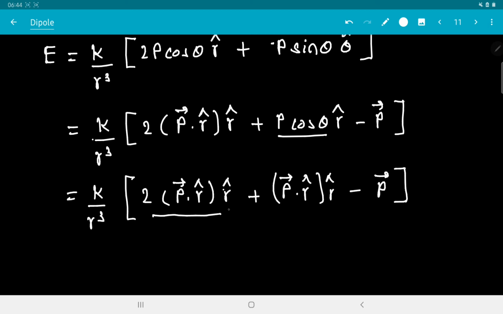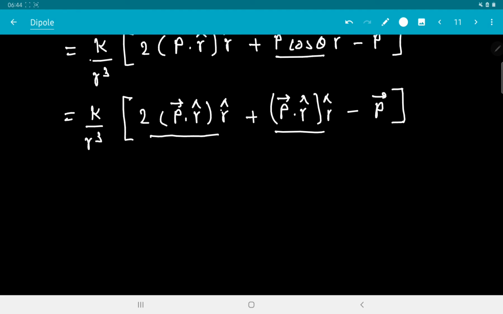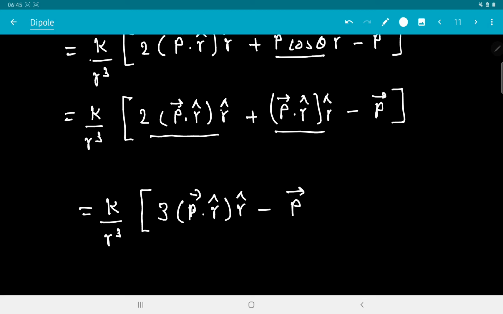We can add these two terms, we will get k by r cube, 3 into p vector dot r cap vector into r cap minus this p vector. Now this is the equation of electric field in coordinate independent form. Now let us look at an example of how this helps us solve some problems.